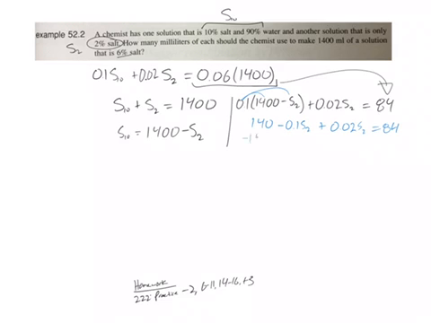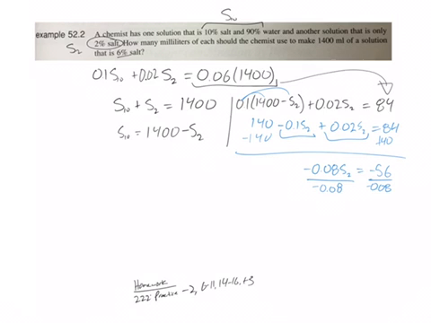I will subtract 14 from both sides and combine those two together. That gives me negative 0.08 S sub 2 is equal to negative 5.6. I'll divide by negative 0.08 and obtain S sub 2 is equal to 70 milliliters.